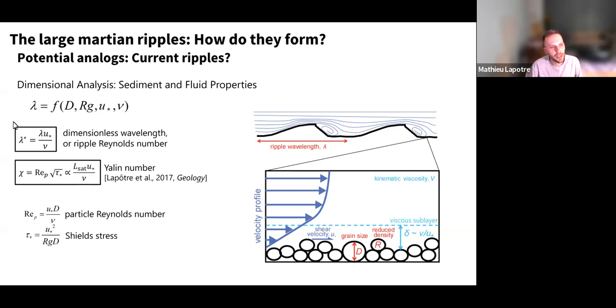So that number, lambda star, the dimensionless wavelength, can also be seen as a ripple scale Reynolds number. Now, the second number that we chose is the Yalin number, which can be rewritten as a Reynolds number, where the length scale now, instead of being the sediment grain size, is the sediment transport saturation length, or the distance it takes for the flow to actually reach transport capacity.